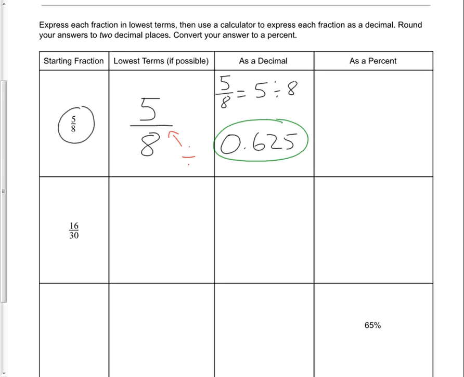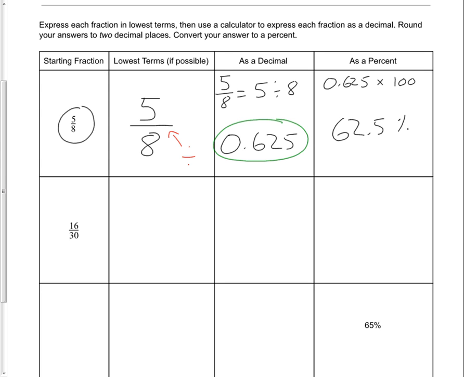You take your decimal answer, which in this case happens to be 0.625, and you multiply that by 100, and that will give you your answer as a percentage. So if I take 0.625 and multiply it by 100, that gives me 62.5%. So that is how you convert 5/8 into both a decimal and a percentage.